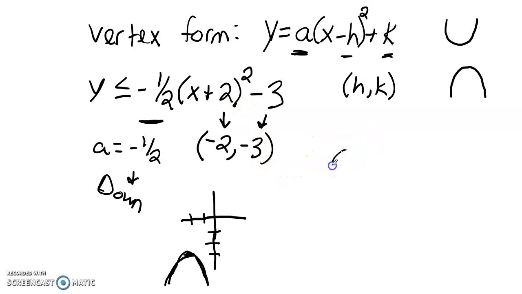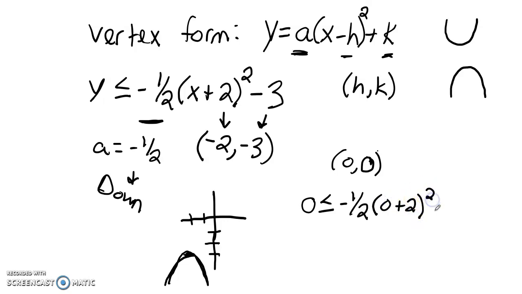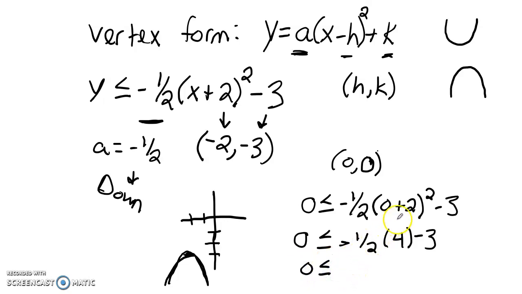So if I pick the point (0, 0), and I plug 0 in for y, and 0 in for x, and I start to simplify this, okay, so again, 0 plus 2 is just 2. 2 squared is 4.